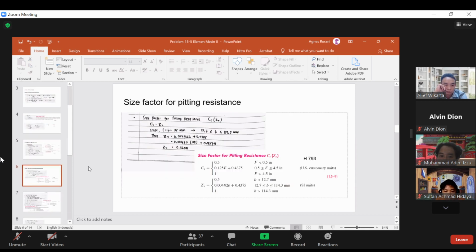And then after we got the dynamic factor, we find the size factor for pitting resistance. So here is also the difference. Since we base on pitting resistance, we use the size factor for pitting resistance as well.